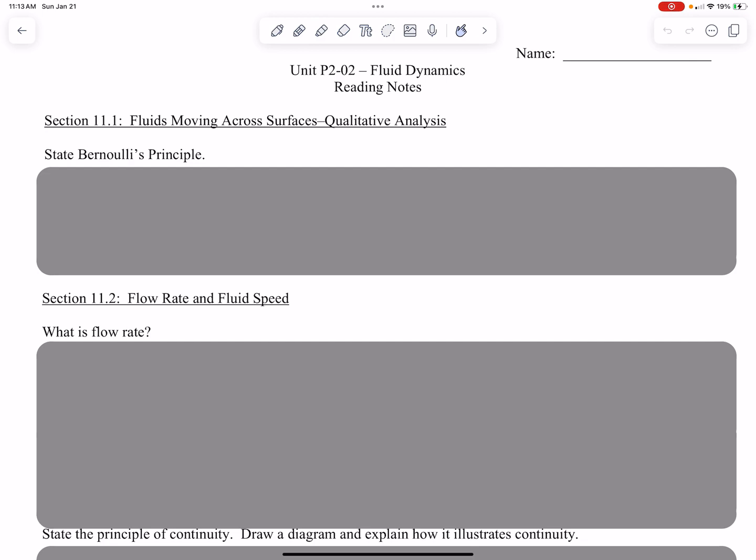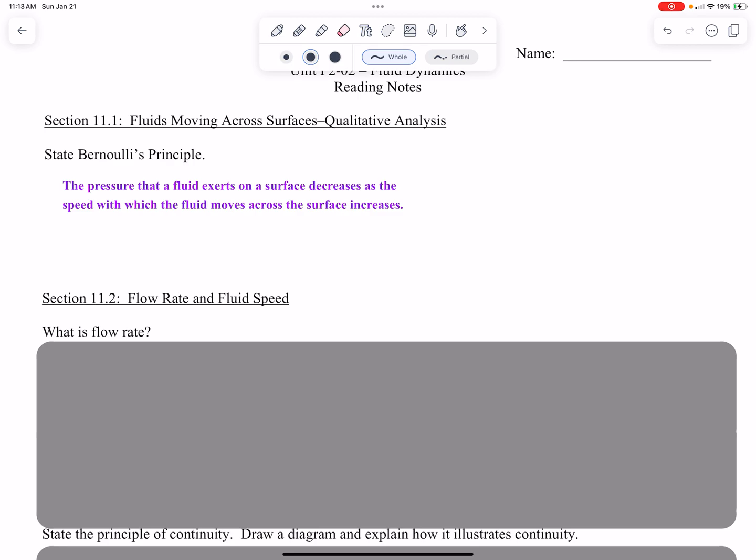Let's begin. Section 11.1, Fluids Moving Across Surfaces, Qualitative Analysis. State Bernoulli's Principle. Well, Bernoulli's Principle in a nutshell basically says that the pressure a fluid exerts is going to decrease as the speed increases.